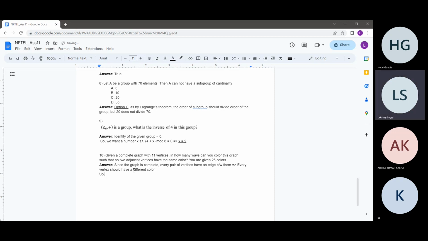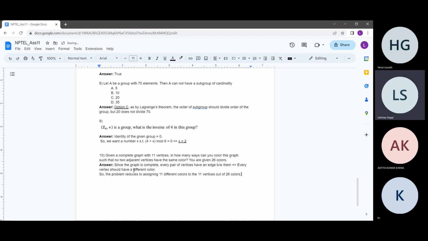So the problem just reduces to assigning 11 different colors to the 11 vertices out of 26 colors.